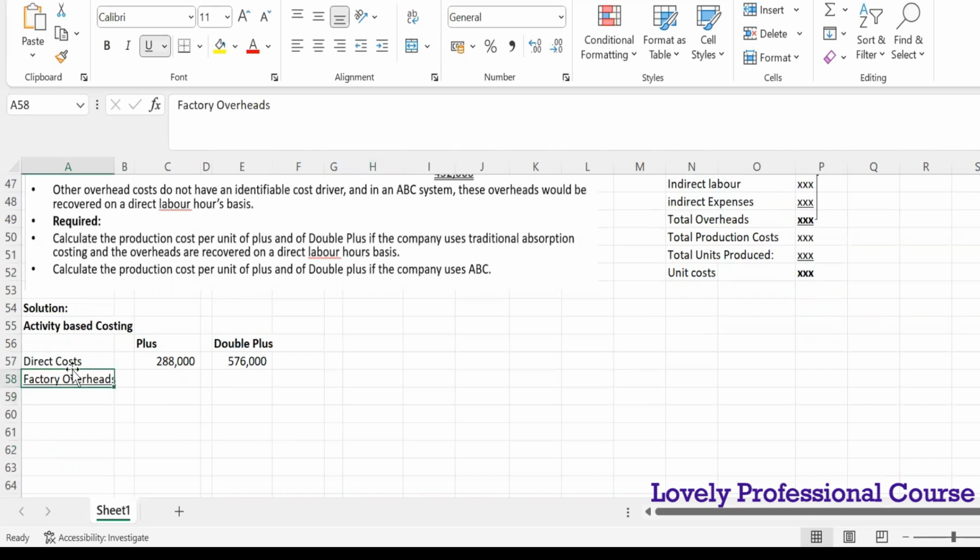You never apply activity-based costing on direct cost. Is it okay? It is clear and understandable. Please do not make that mistake.